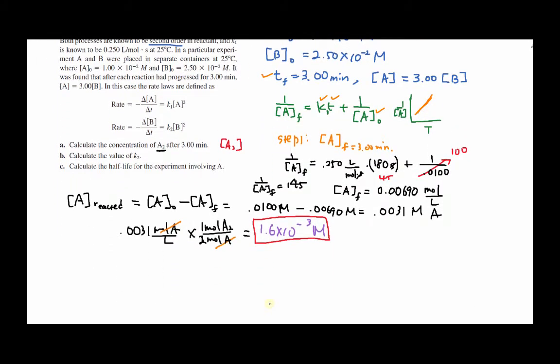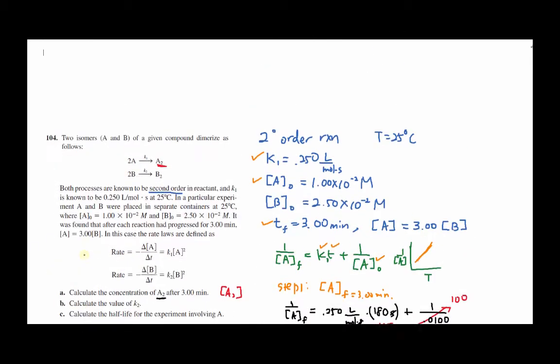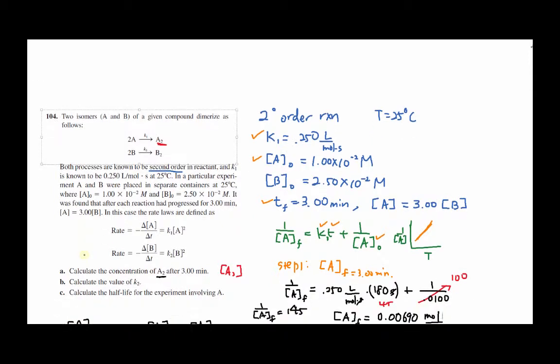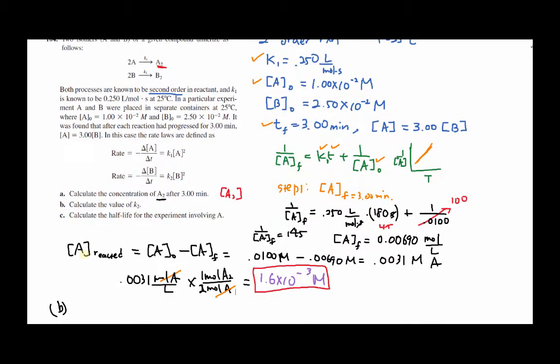Now moving to part B, we have to find the value of k2. K2 is the second equation as you see above. So for part A we dealt with the first, for part B we're dealing with the second.